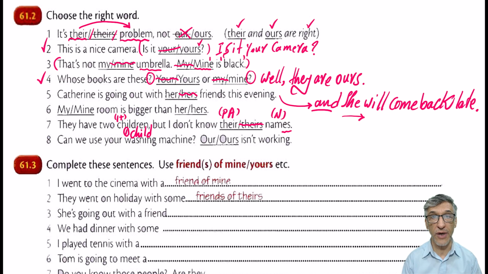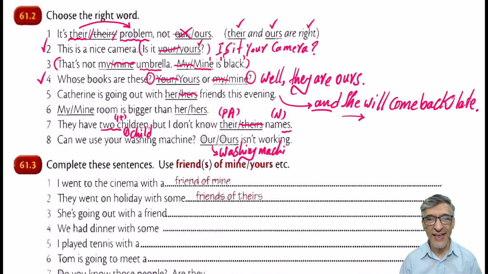It's very difficult to have two children nowadays. I have two children, but I do not know their names. Okay. Can we use your washing machine? Our washing machine. We can say our washing machine. Look at this one.